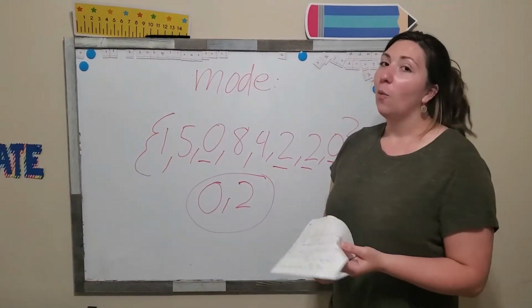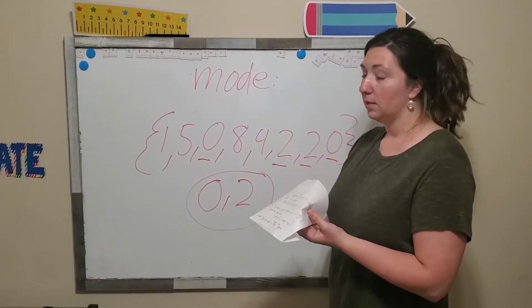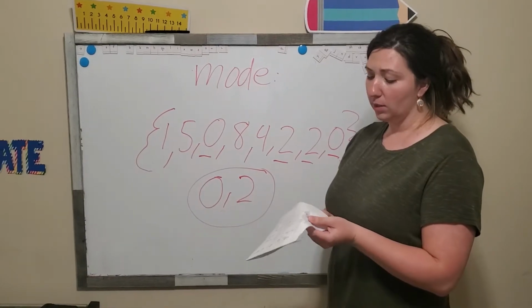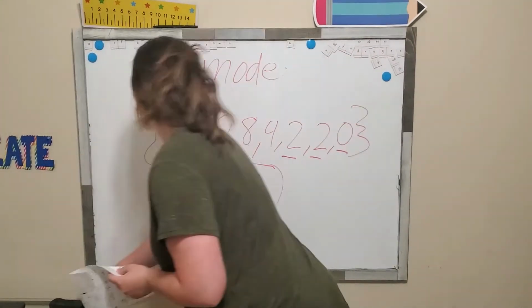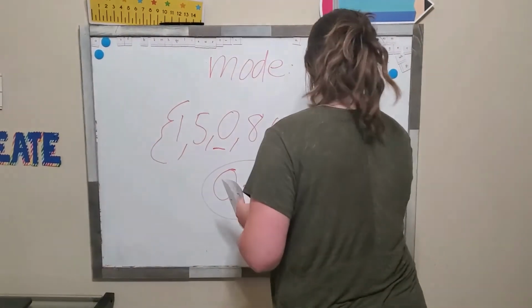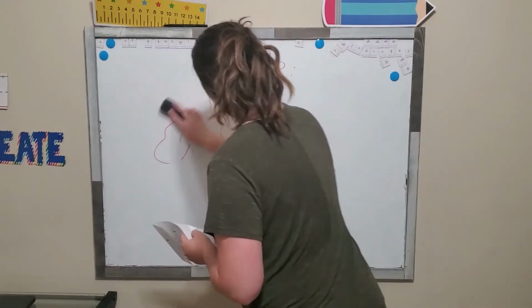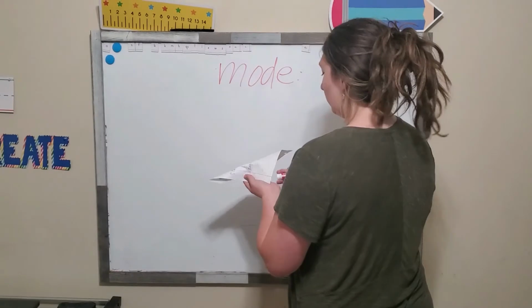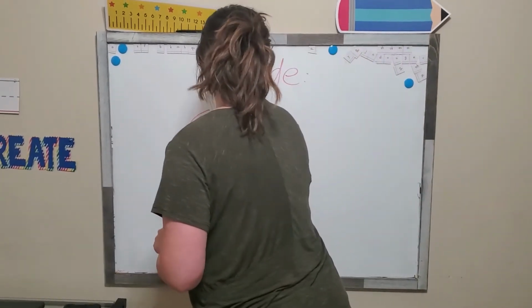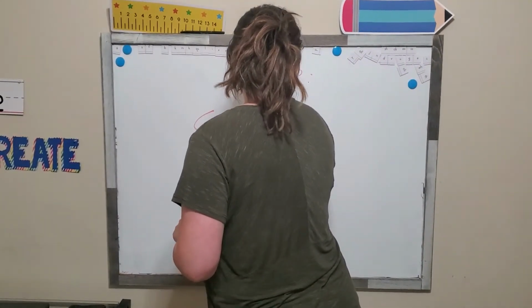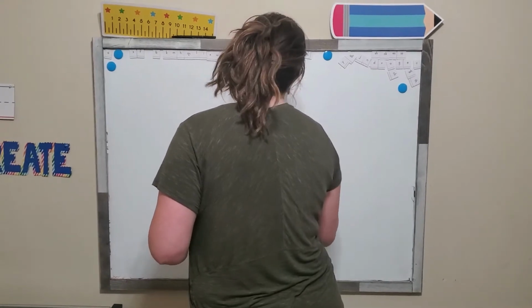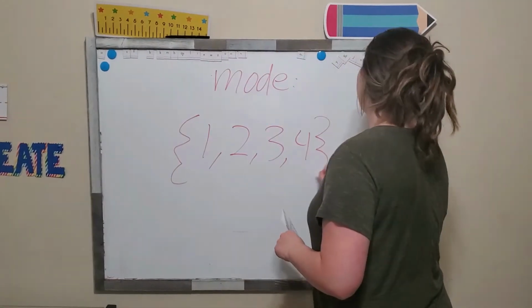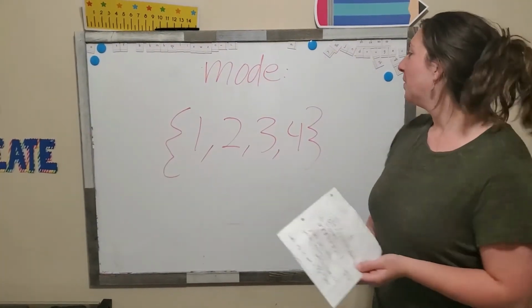So what about this one? I'm going to give you a tricky one now. Let's see if you can figure it out, okay? Because sometimes mode can be a little confusing. What about this data set? 1, 2, 3, 4. So now what are we going to do here?